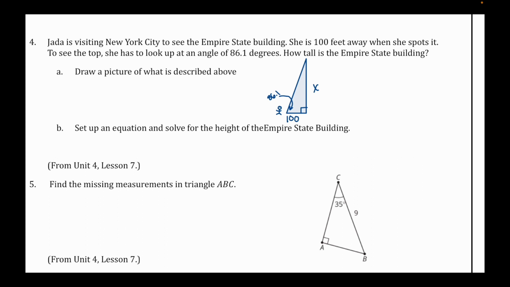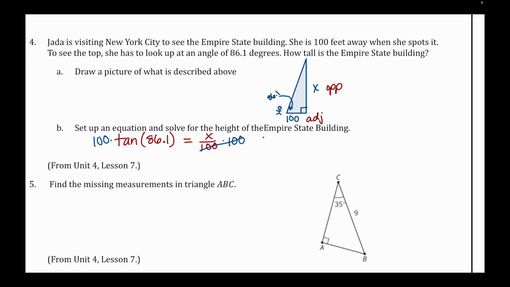So that 86.1, since we have pieces here that are opposite from where Jada is standing, and then adjacent, that means we're going to use tangent. So I would say tangent of her angle of 86.1 is going to be equal to x over 100. That means we'll multiply by 100 on both sides.